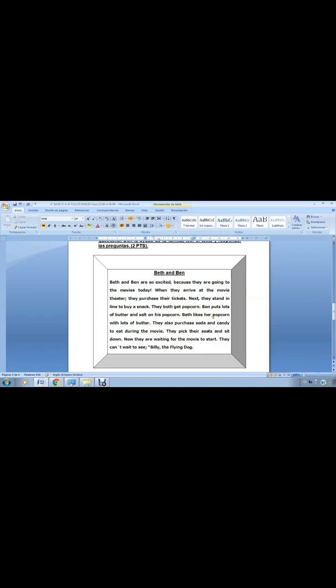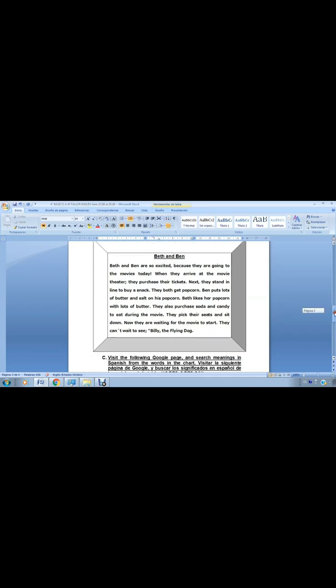Beth likes her popcorn with a lot of butter. They also purchase soda and candy to eat during the movie. They pick their seats and sit down. Now they are waiting for the movie to start. They can't wait to see Billy the Flying Dog.